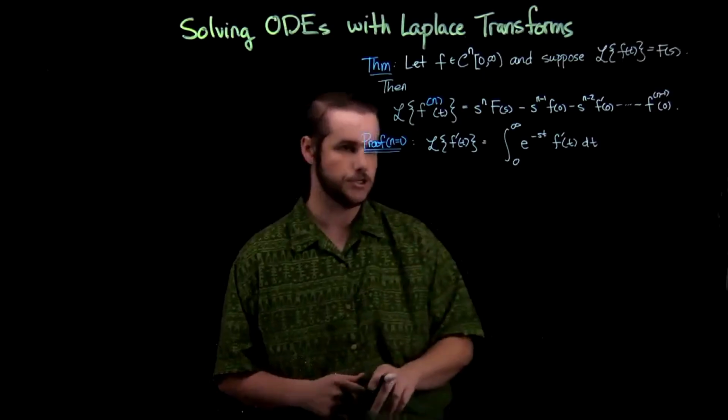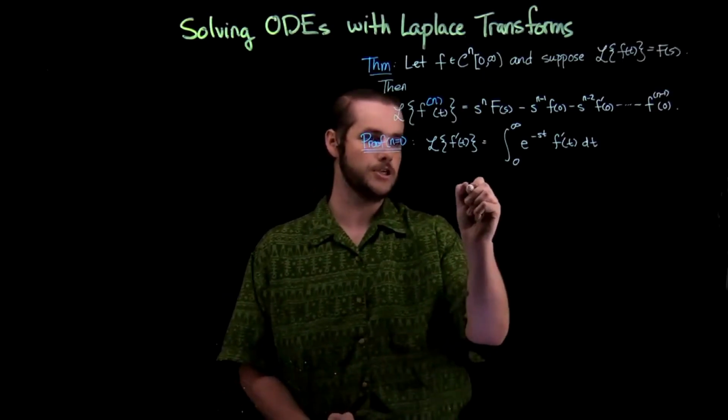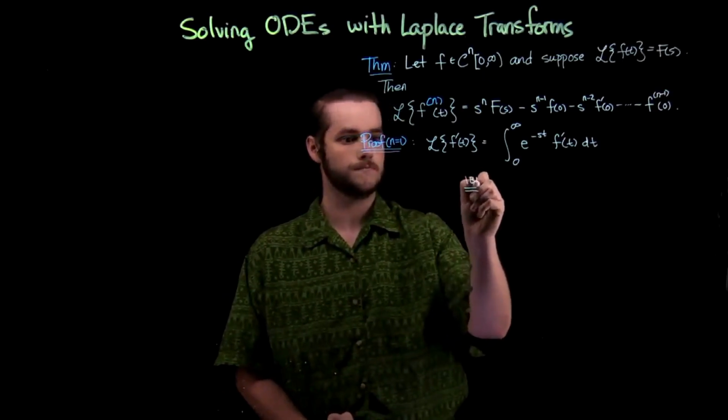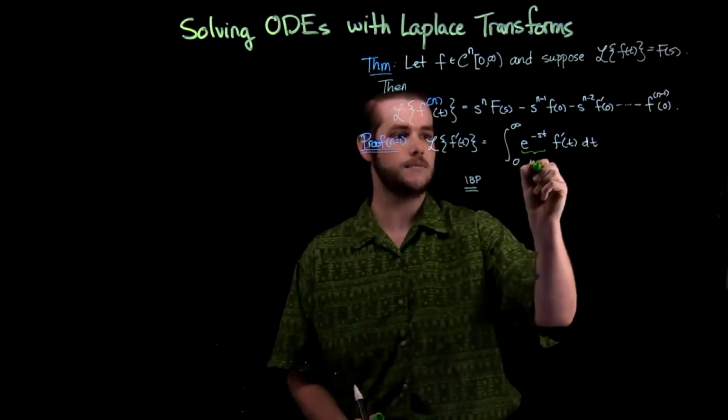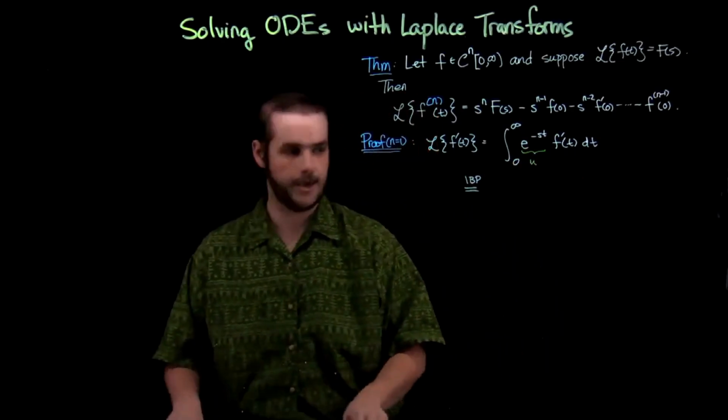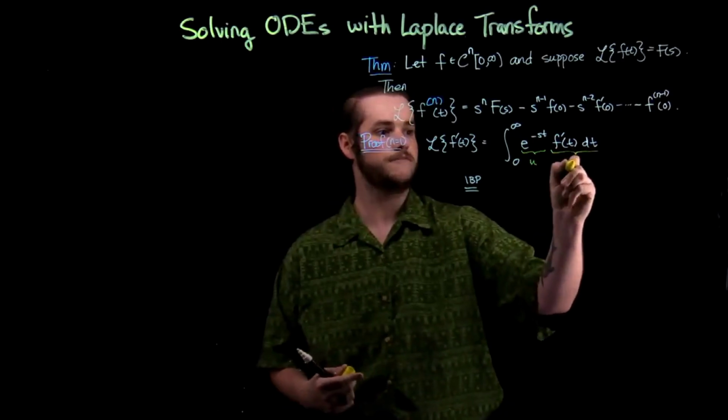And what I'm actually going to do from here is use integration by parts, where I'm going to let this guy be u and this guy be v.